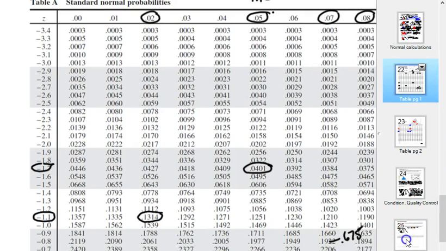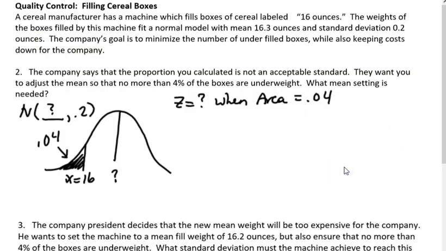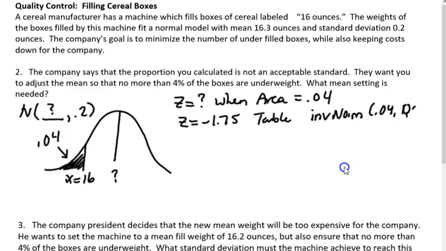Eventually we'll do one or the other and not both, but right now we're doing both. So z equals negative 1.75 from the table, or I used inverse norm with 0.0401 and I got negative 1.75 with some other decimal places.